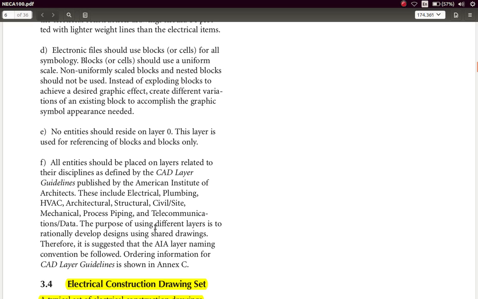The purpose of using different layers is to rationally develop designs using shared drawings. Therefore, it is suggested that the AIA layer naming convention should be followed. Ordering information for CAD layering guidelines is shown in Annex C.